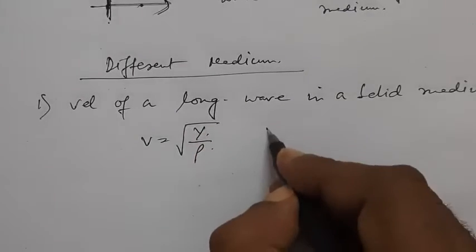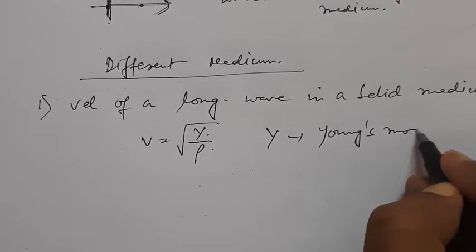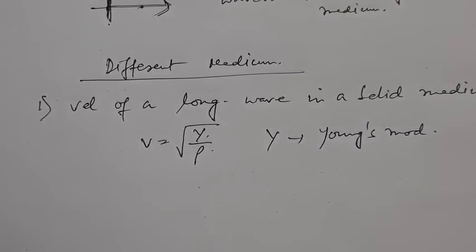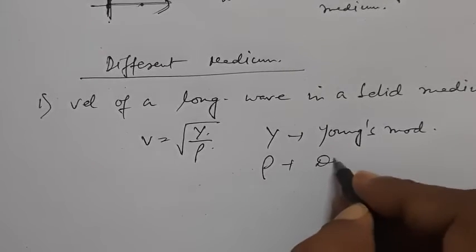Y is the Young's modulus. And we all know rho is the density of the medium.